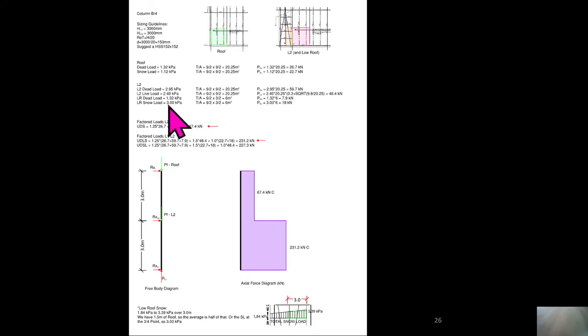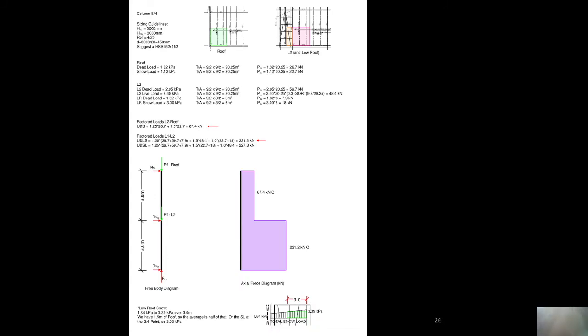Snow load: if you look at that drawing set, and here I've done a little snapshot of it down here, the low roof snow load varied from 1.84 kPa at the edge to 3.39 kPa right adjacent to the higher part of the building. So we're looking at this distance here, or sorry, that should say 1.5 meters, not 3 meters.